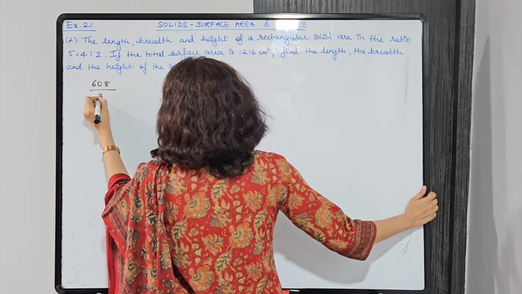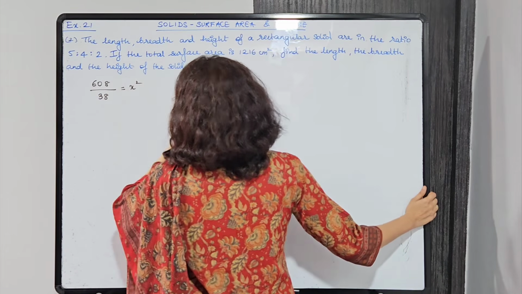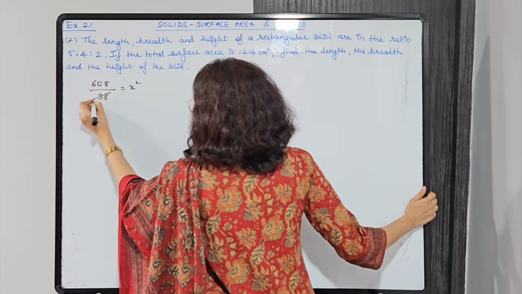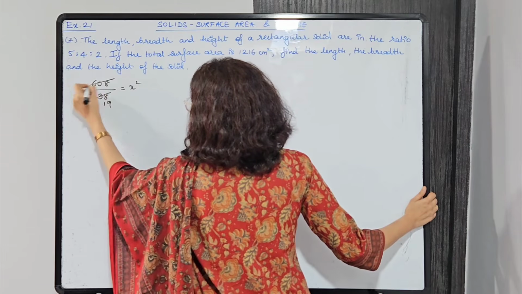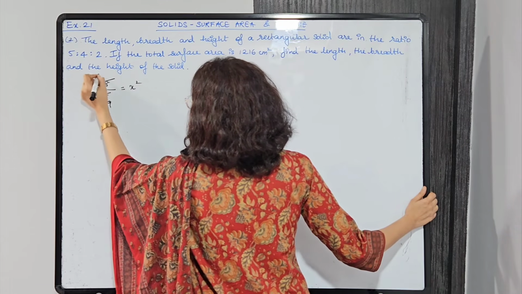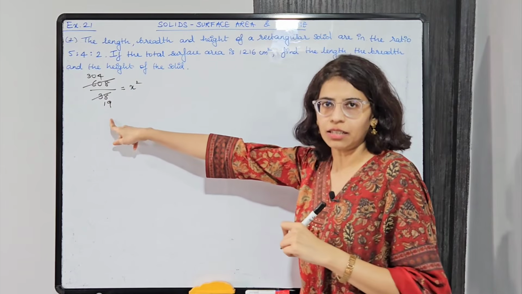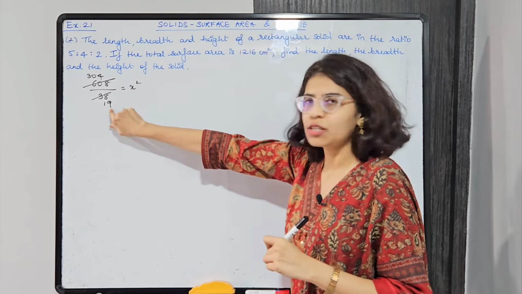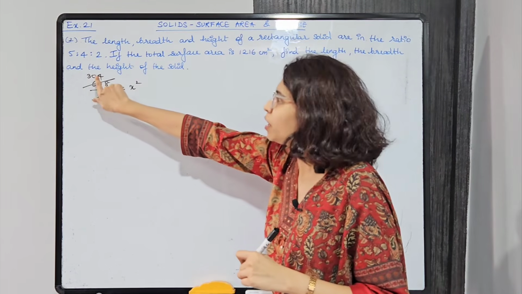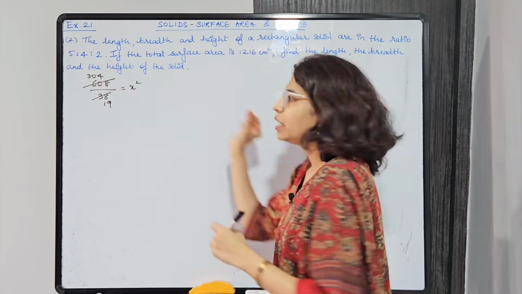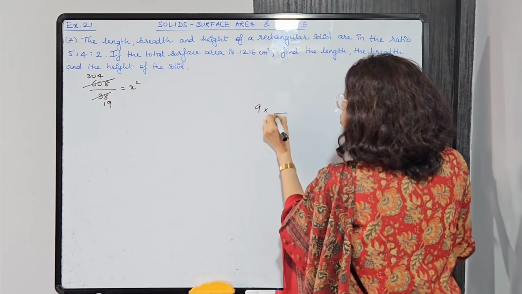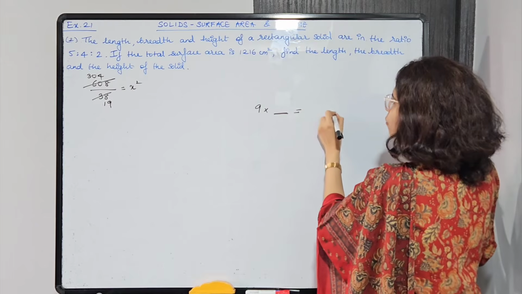This is what we got, right? 19 जा 2, 30 जा 4 जा 304 डिवाइडेड बाई 19. यहाँ पे लास्ट में डिजिट क्या है? 9 है, यहाँ पे 4 है. 9 into what will give me 4 at the end?